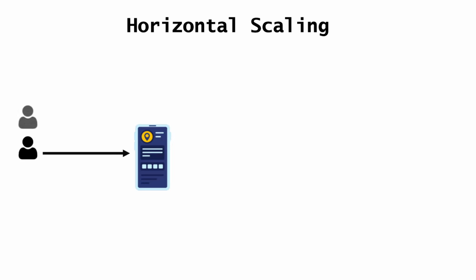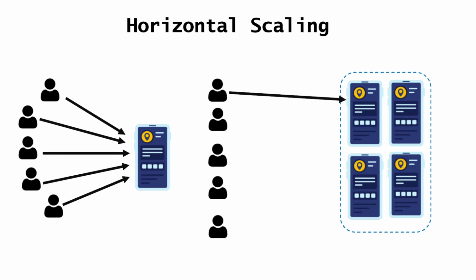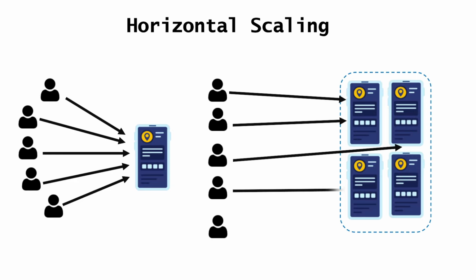That's where horizontal scaling comes in. Instead of one giant server doing all the work, we use many smaller servers working together. Think of it like adding more lanes to a busy highway. Instead of forcing all the cars into one lane, you spread the traffic evenly across several. Each server handles a portion of the load, and a load balancer distributes incoming requests between them.